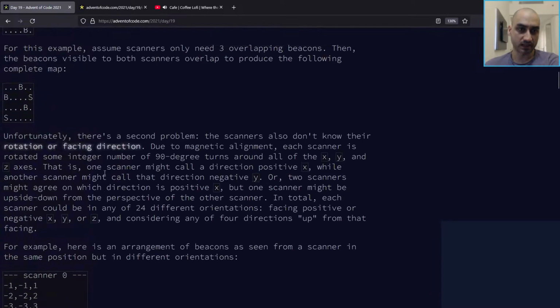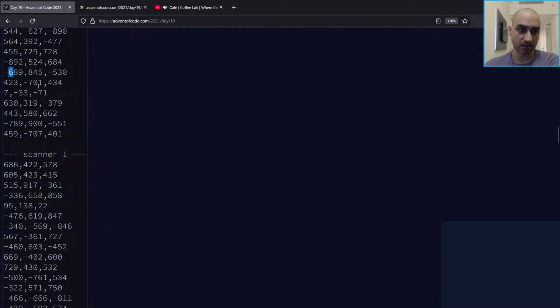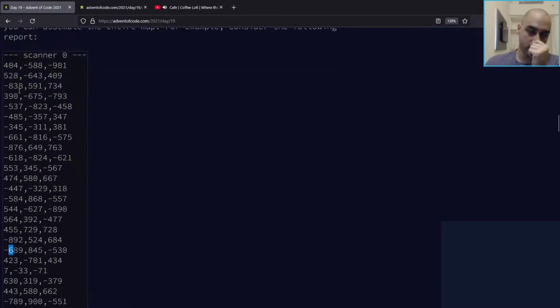And the facing and direction thing basically means that these columns can be swapped about, and the sign can be changed from positive to negative. So that's basically 6 permutations of columns times... wait.